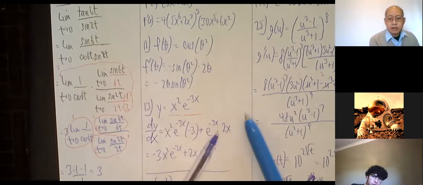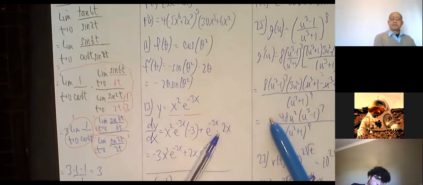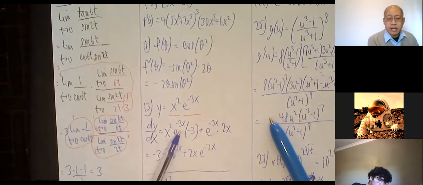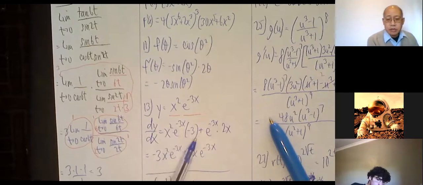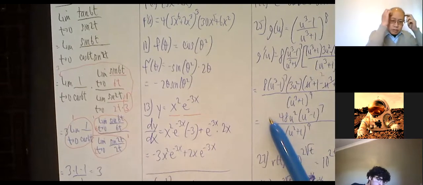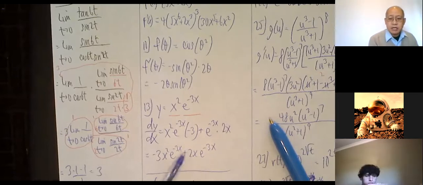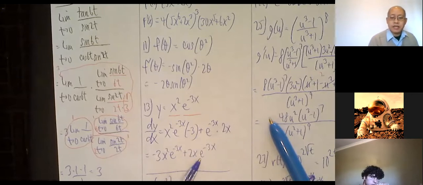So the derivative of x squared is 2x. That's essentially it except for cleaning up the algebra. So the best way to write it is negative 3x squared e to the negative 3x. And once again, normally if you have a polynomial and an exponential, put the polynomial first. So plus 2x e to the negative 3x.